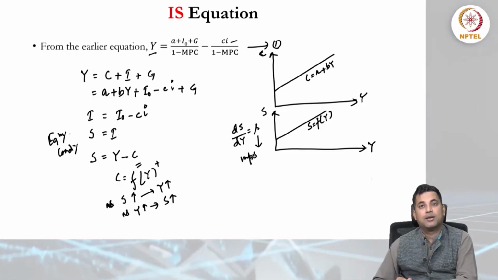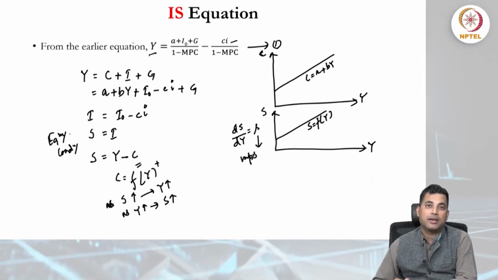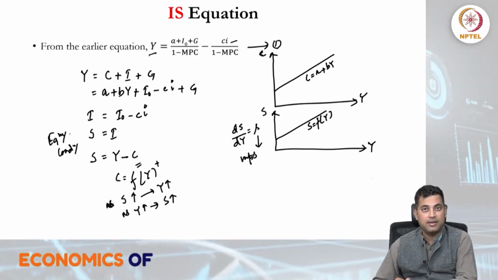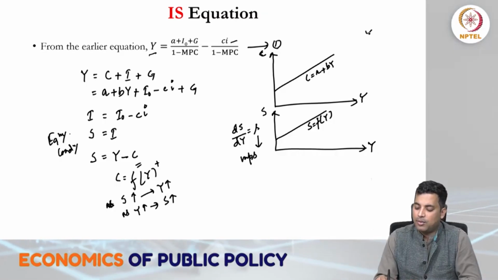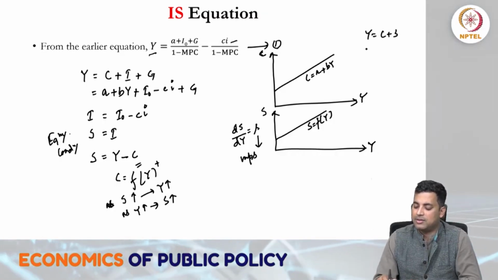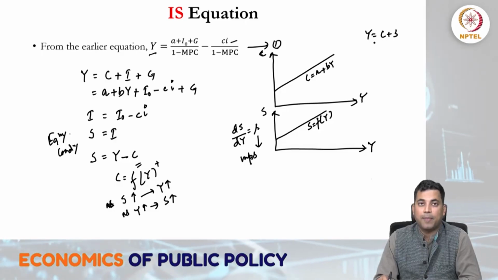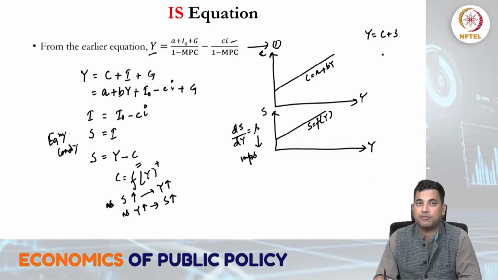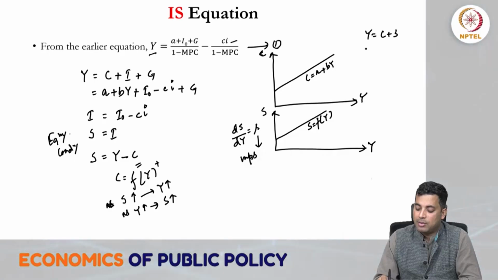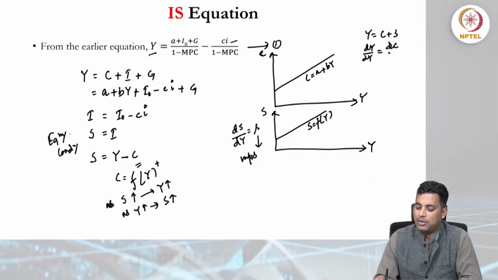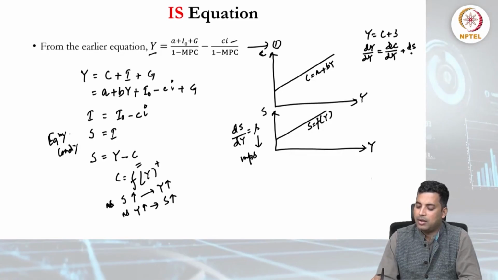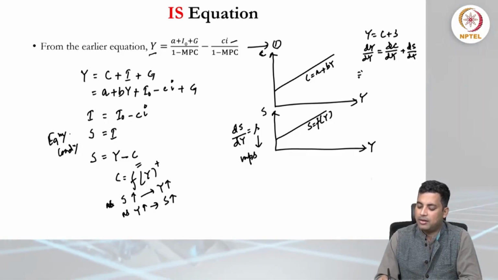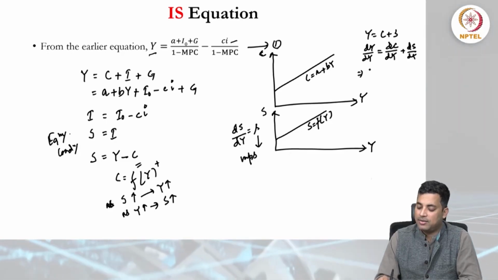As we know, y equals s plus c, or c plus s, so y equals consumption plus savings. If we differentiate this equation with respect to total income, it becomes dc by dy plus ds by dy, and dy by dy is 1.